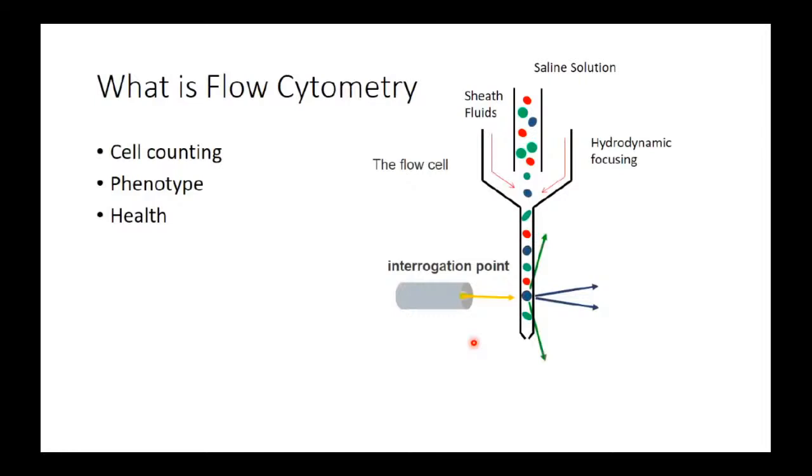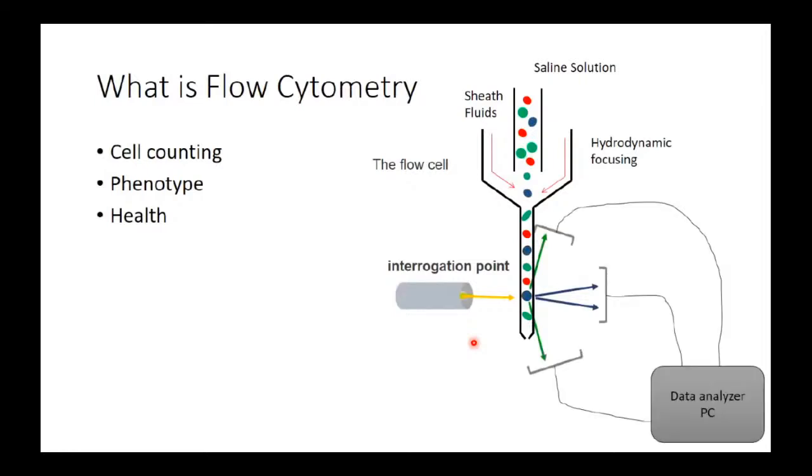These two events, or this light scattering, is detected by specific detectors called the forward detector and the side detectors. And these detectors are connected to a PC or a data analysis analyzer, which is going to analyze the data obtained from the detectors. Now, this is in general.